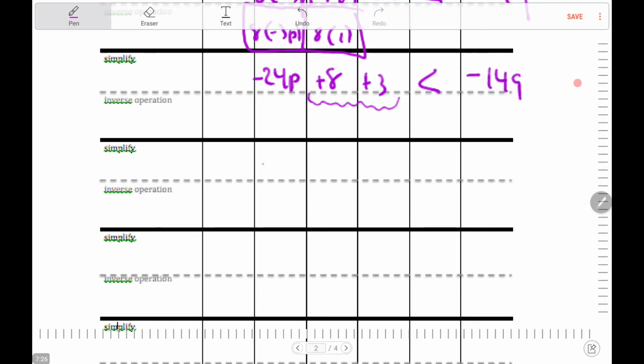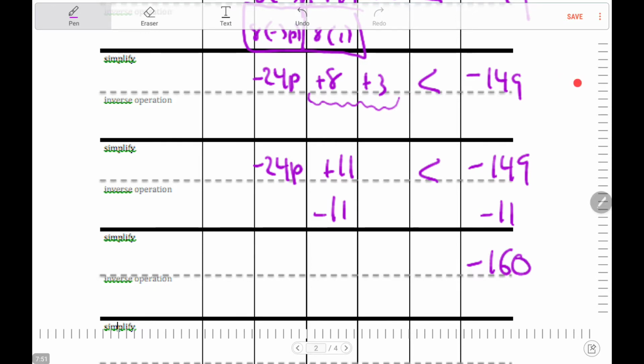So we're going to have negative 24p plus 11 is less than negative 149. Okay, now let's get rid of the 11. Negative 11, minus 11 and minus 11. So we have negative 160. We have negative 24p is less than negative 160.